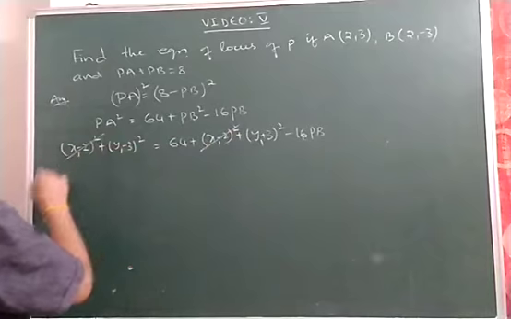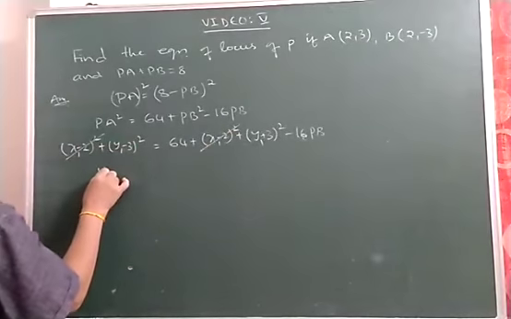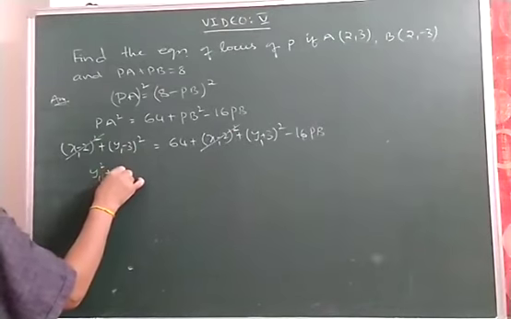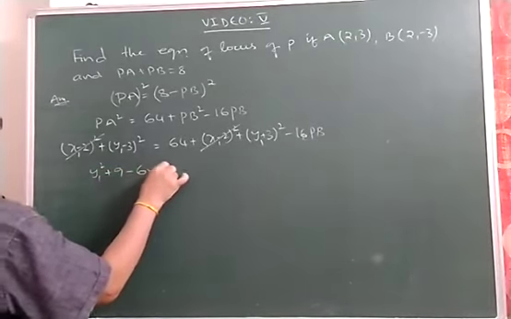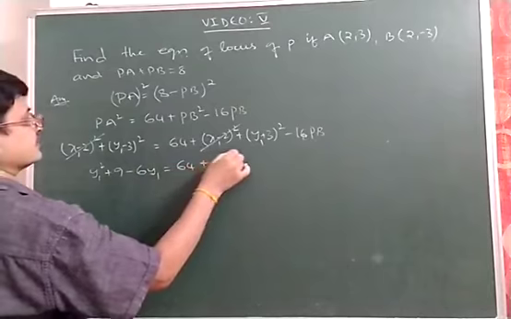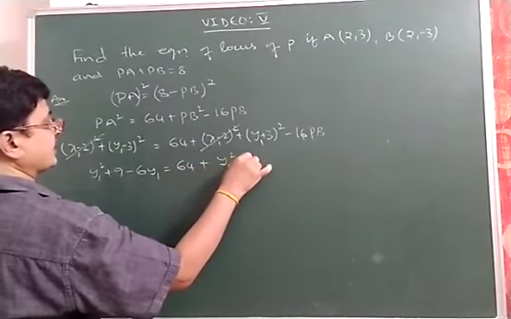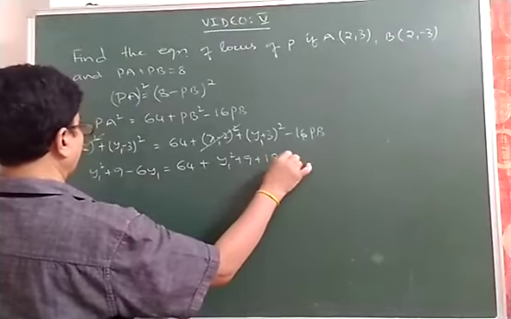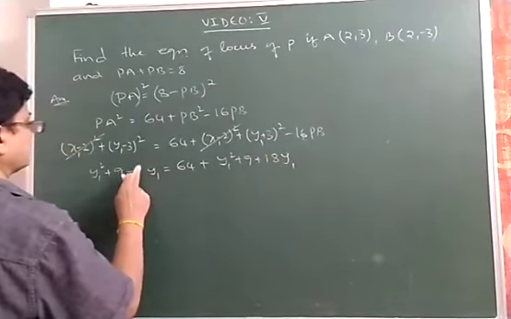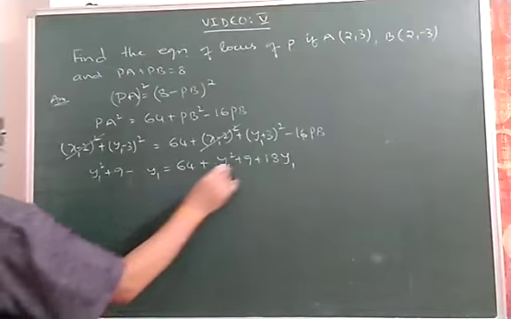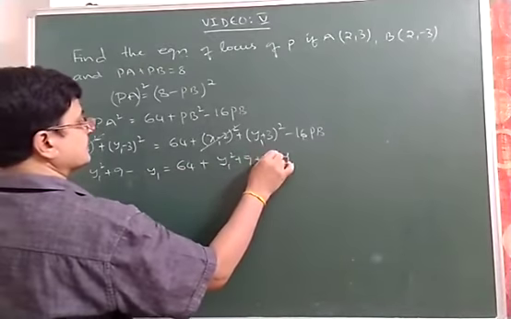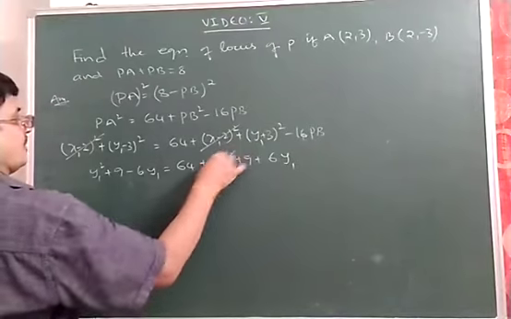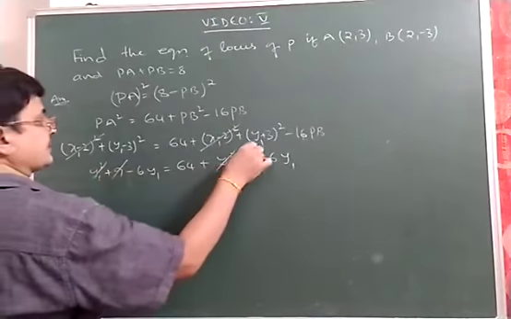is cancelled. Now this is y1 expanding, y1 square plus 9 minus 6 y1 is equal to 64 plus y1 square plus 9 plus 6 y1. So here it is also, sorry, this is 6 y1, this is also 6 y1. y1 square cancel, 9 cancel.